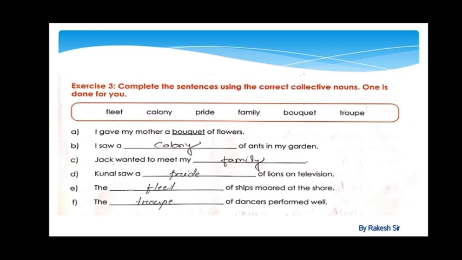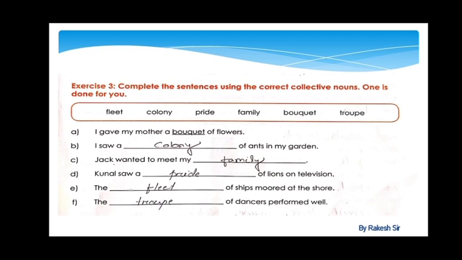So: I gave my mother a bouquet of flowers. As I said in the previous class also, when we welcome anyone, we give something filled with flowers, that is called a bouquet. Similarly, second: I saw a colony of ants in my garden. Third: Jack wanted to meet my family.